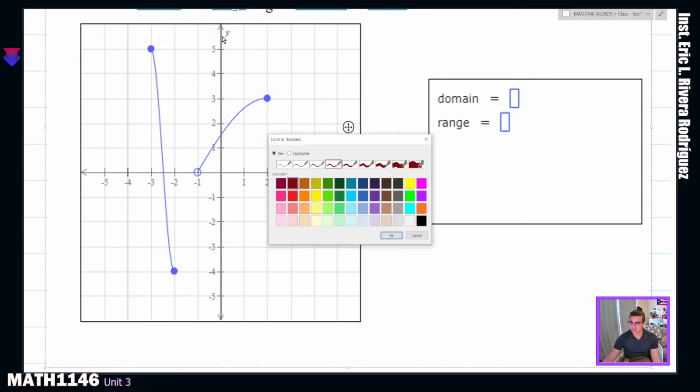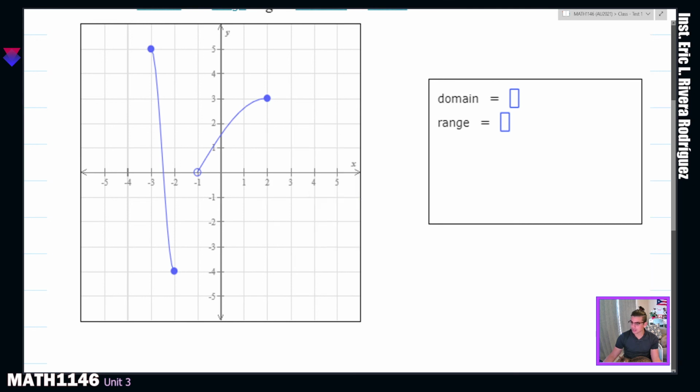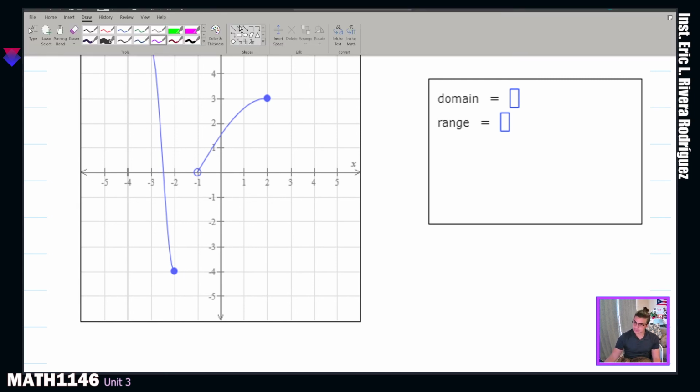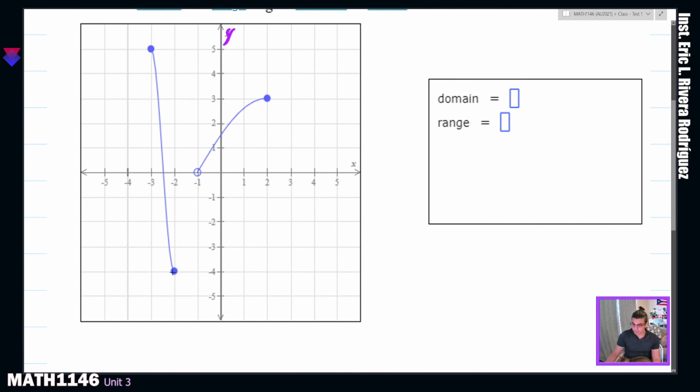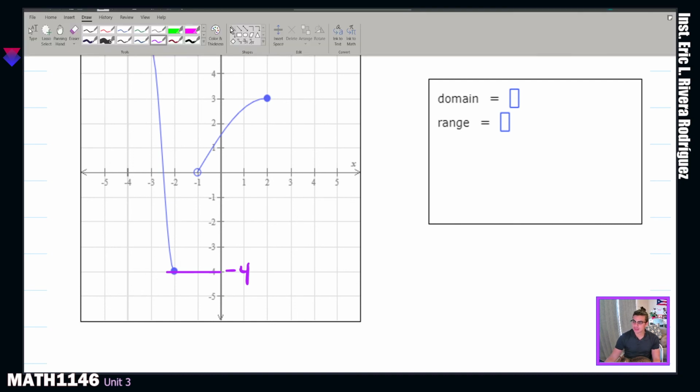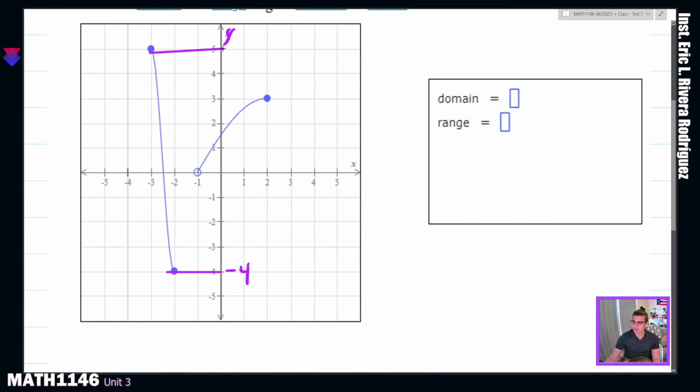So we are not used to reading from the bottom to the top, and that is what we need to do here. We need to read from the bottom to the top. Okay, starting from the bottom. Now we're here. We have -4 here, right? Then continue up and we have +5 here.